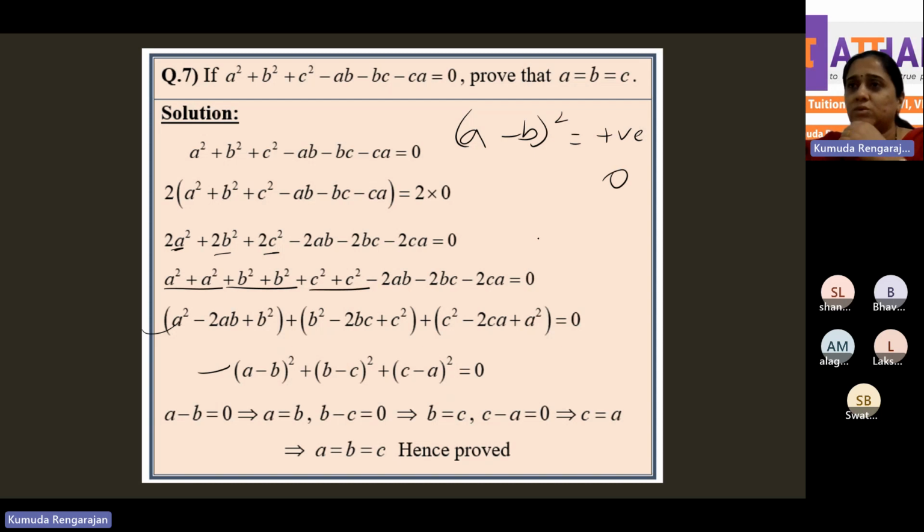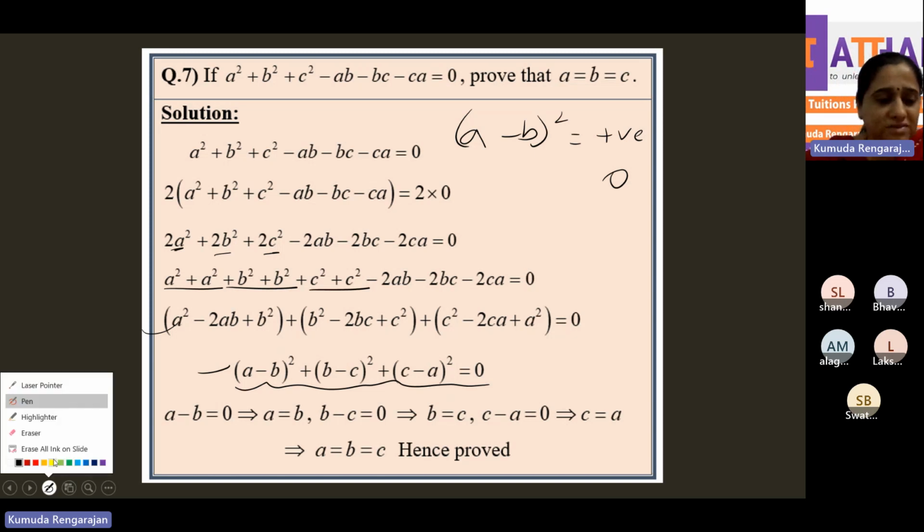Similarly, b minus c the whole square can be 0 or anything greater than 0. It cannot be negative. Similarly, c minus a the whole square cannot be negative because it's a whole square. So all three can either be positive or 0.